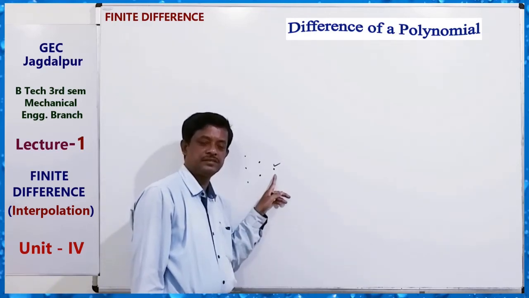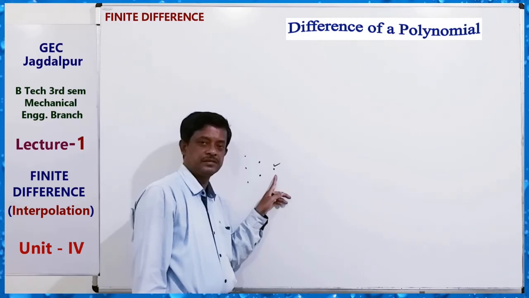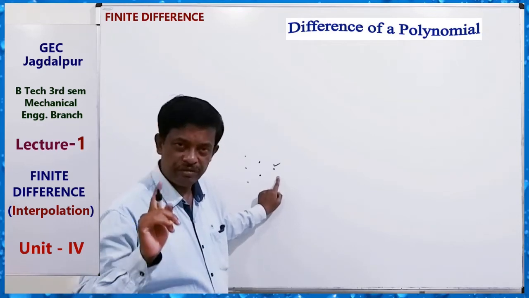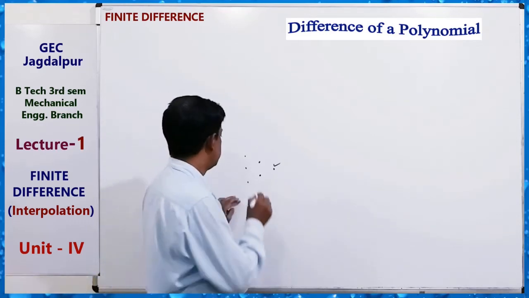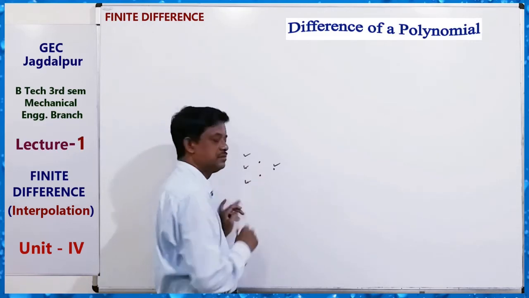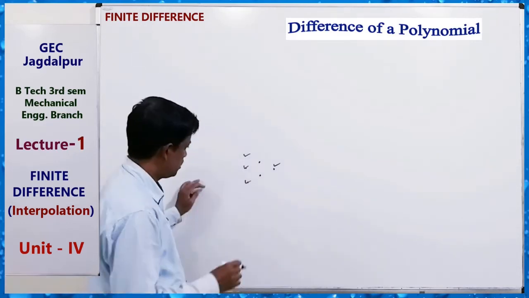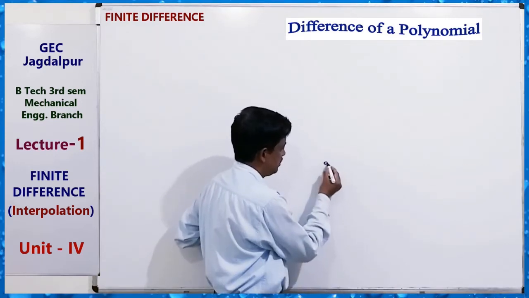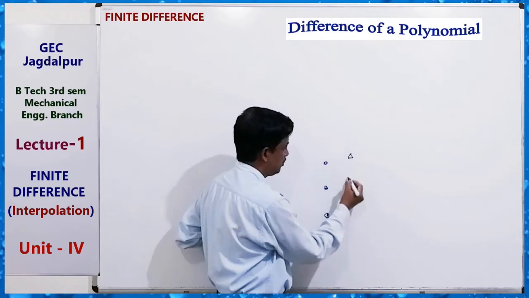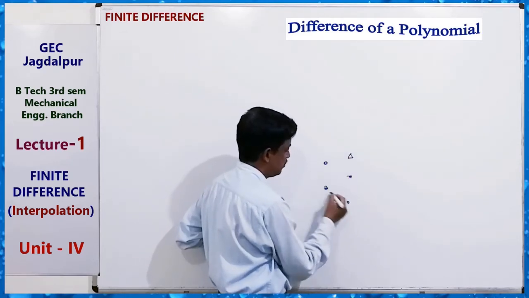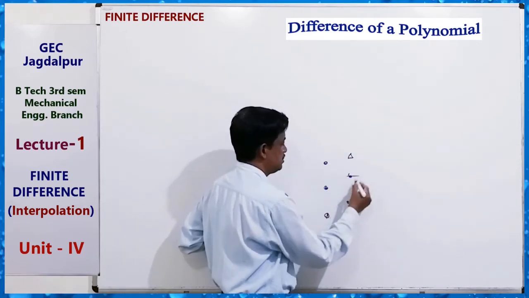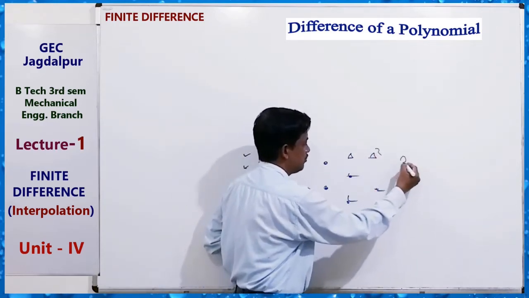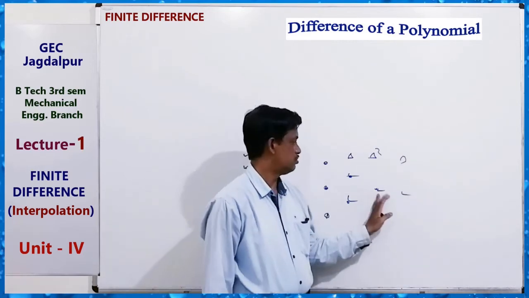That is, if we are given 3 entries, then we can take the first difference and second difference: this minus this is the first difference, and also the second difference is this. Okay, the third difference will be 0. This will be a single value.